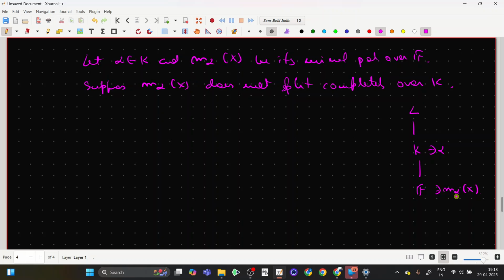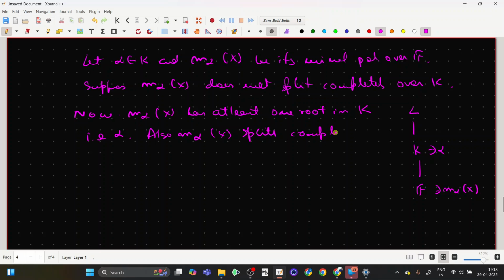So at least one root of the minimal polynomial of alpha is in K, that is alpha. Also m alpha of X splits completely over L because L is an algebraic closure. Fine.